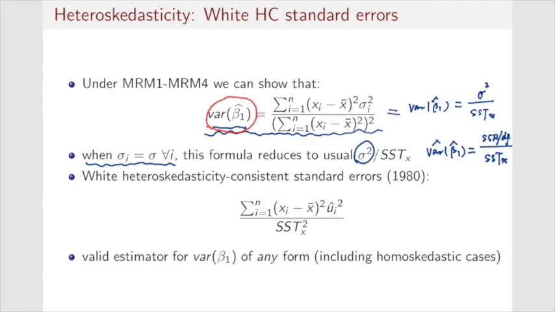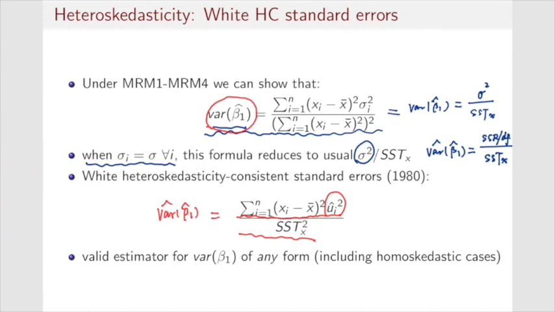The estimator of the variance of beta 1 hat is equal to this term. We still have the SST for the denominator, but for the numerator, we replace sigma_i square with u_i hat square.